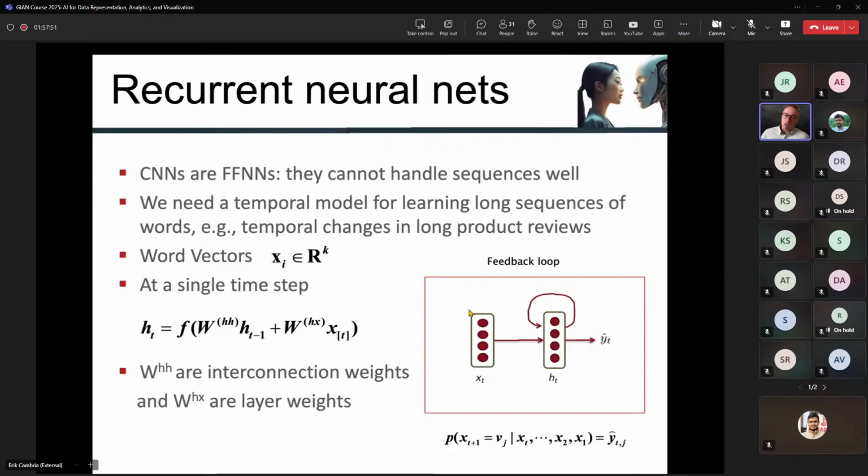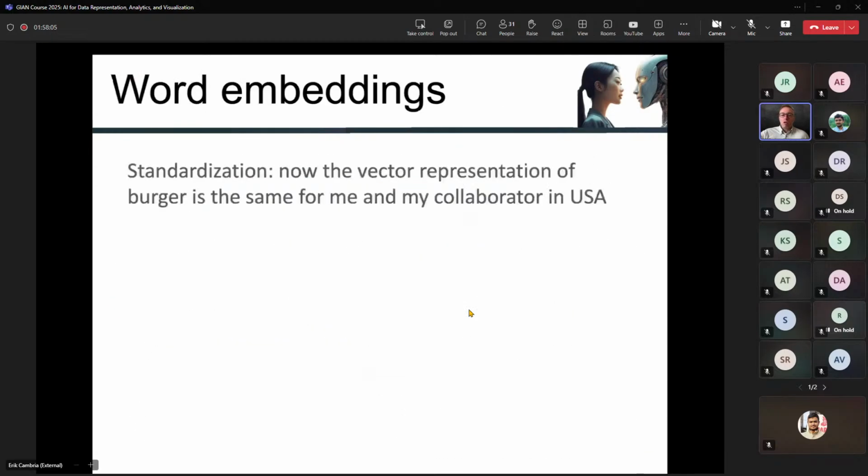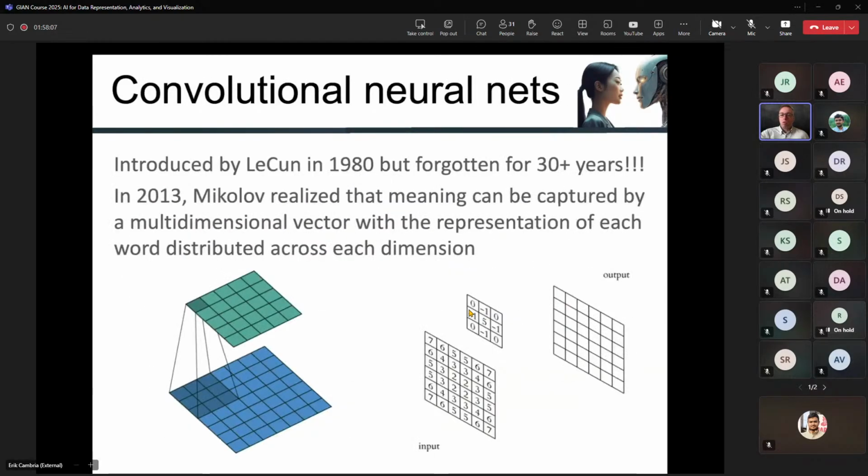Why? It's a sort of forget gate that recurrent neural networks were using to forget the contextual information that was not too relevant. In fact, the biggest problem of a convolutional neural network is that as you go through the sentence or the image, there's a lot of context to be encoded.